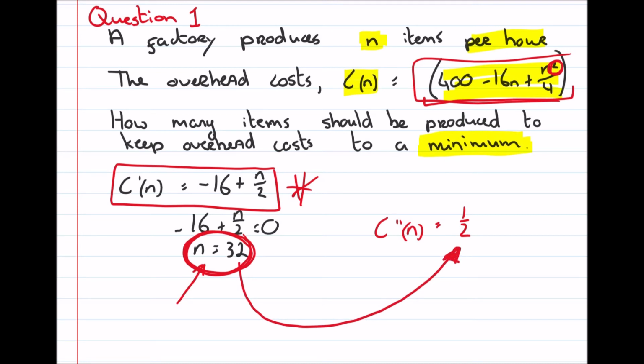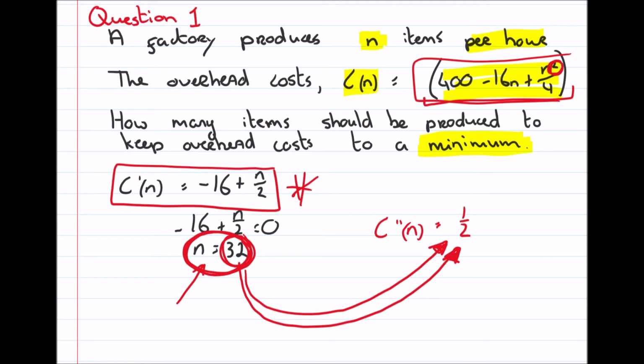If I put the 32 into the function and it gives me a negative answer, then it'll be a maximum value. If it gives me a positive answer, it'll be a minimum value.